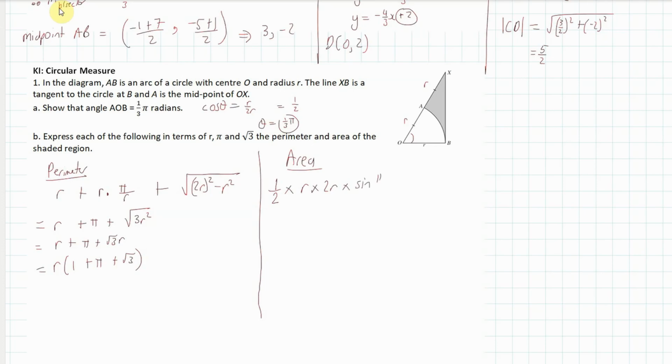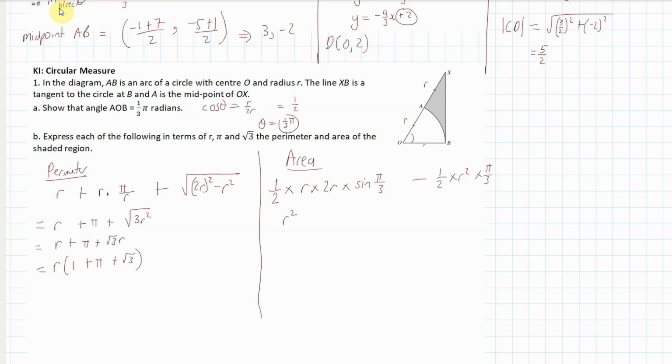sine pi over 3. And then we're going to subtract the area of this bit here, the sector, which is half r squared theta. So half times r squared times pi over 3. And I guess we can say this is like r squared. Now sine pi over 3, what is sine pi over 3?